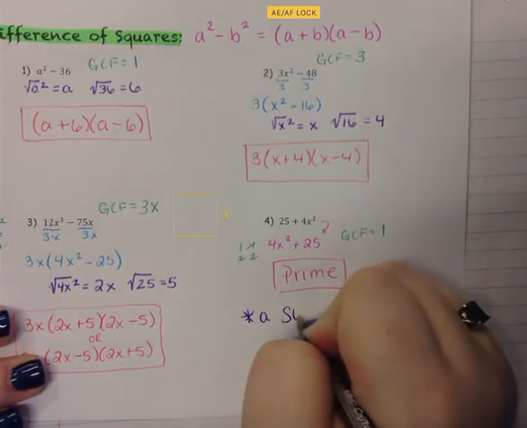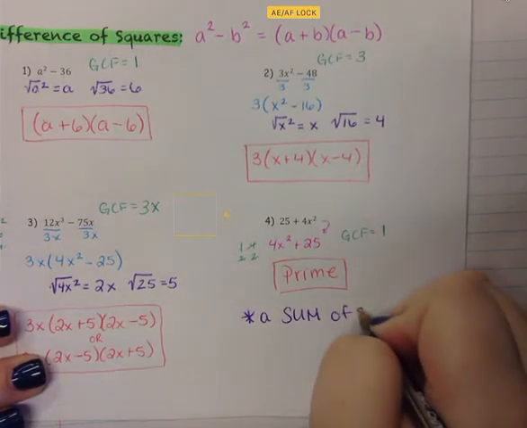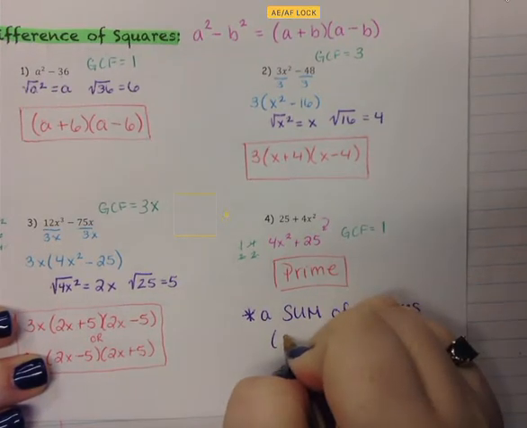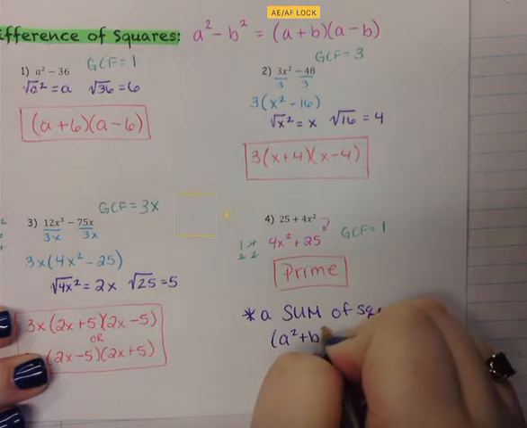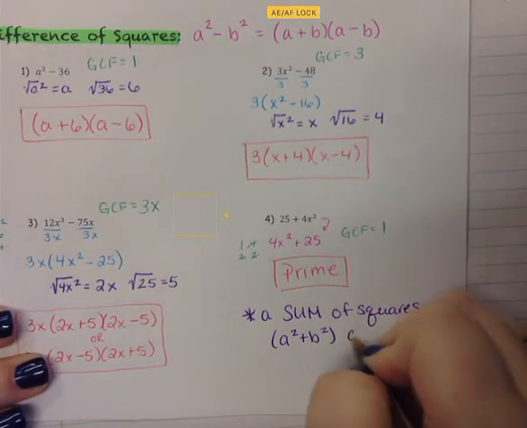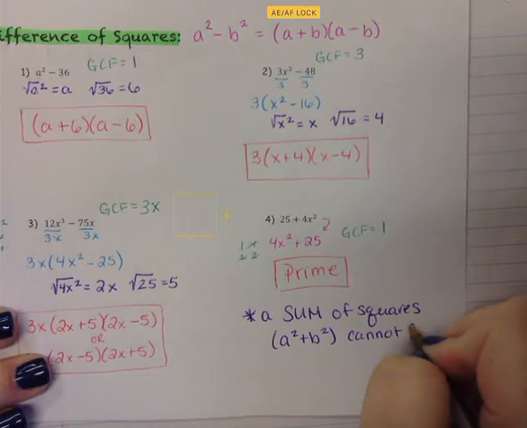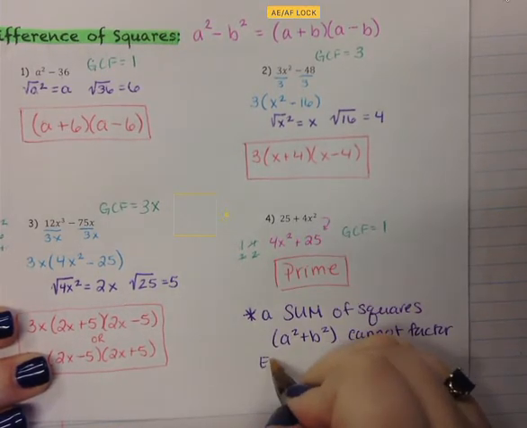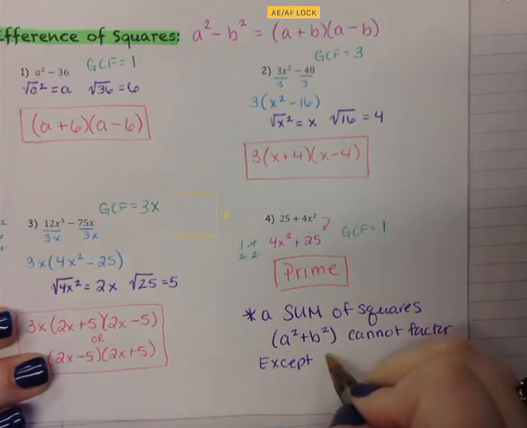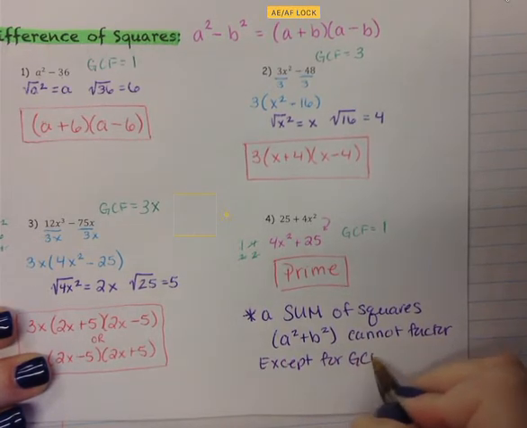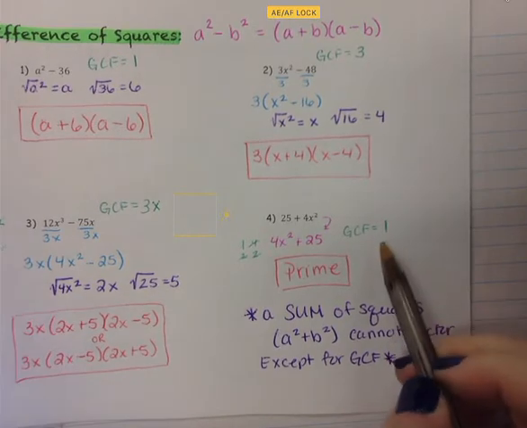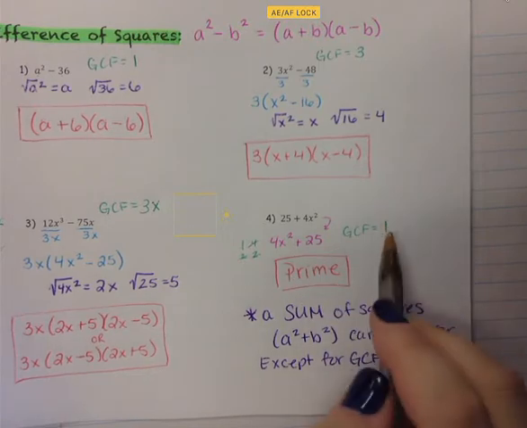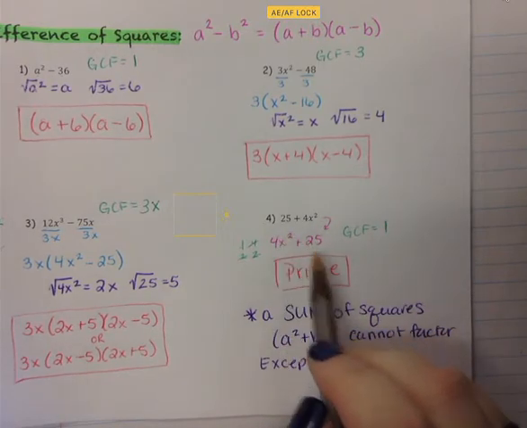A sum of squares, which would look like a squared plus b squared, cannot factor at all, except for the GCF. So again, if we had a GCF of, say, 2, then this would be factorable. But because the GCF was 1 and it was a sum of squares, it was prime.